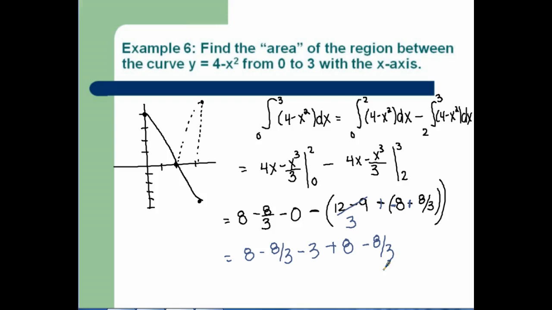Combine like terms. So 8 plus 8 is 16. 16 take away 3 is 13. Negative 8/3 gives you negative 16/3. So 13 minus 16/3 means I need a common denominator, so multiply by 3 on top and bottom. So 13 times 3, 39 minus 16.